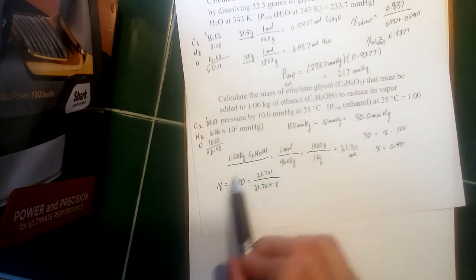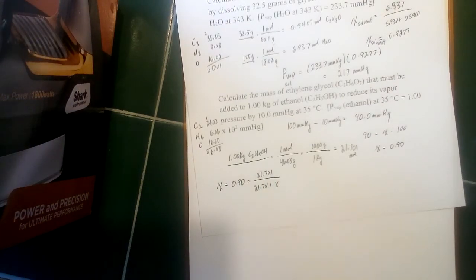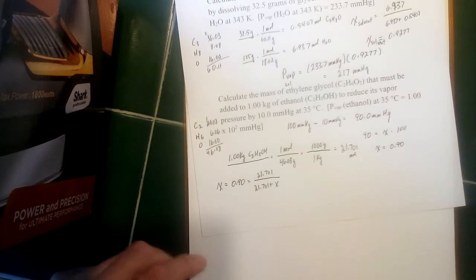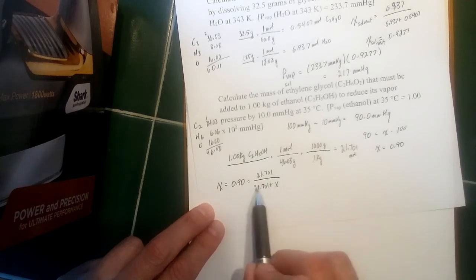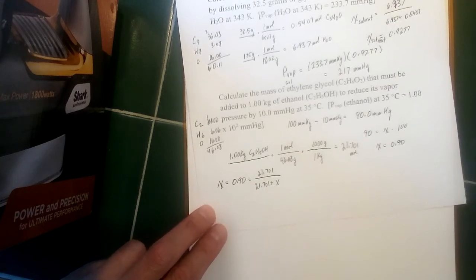Now that gives us a nice little equation. There's only one variable in there, X. We can rearrange that equation. We can figure out how many moles of the solute, the ethylene glycol, we would have needed to add for this change in pressure. So we'll start by taking the bottom of the fraction here, the denominator, and multiplying both sides by that denominator.